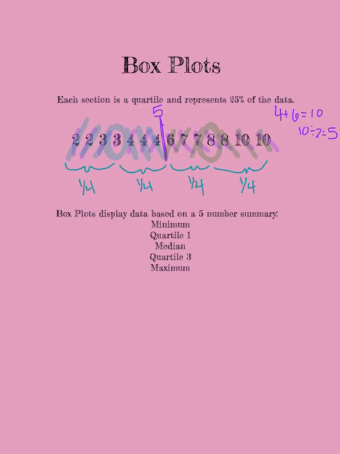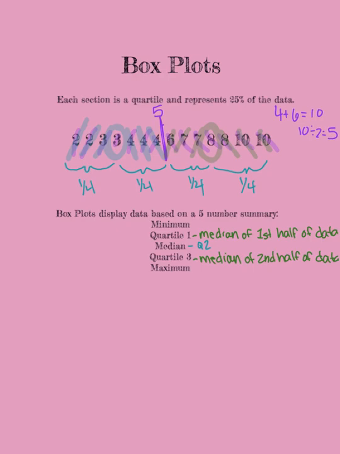So knowing that, a box plot displays data based on a 5-number summary. You have a minimum, quartile 1, median, quartile 3, and maximum. Now I know you're going, well, why do you have a quartile 1 and a quartile 3? Your median is essentially your quartile 2. And quartile 1 is the median of the first half of data.